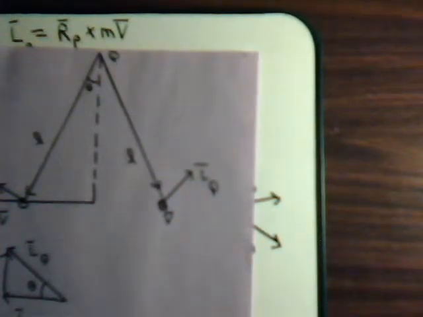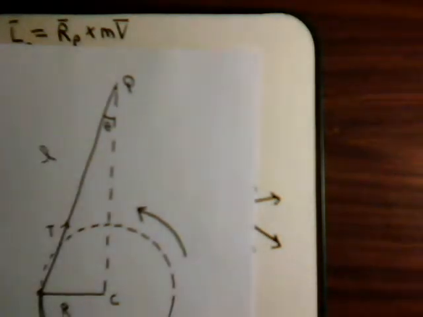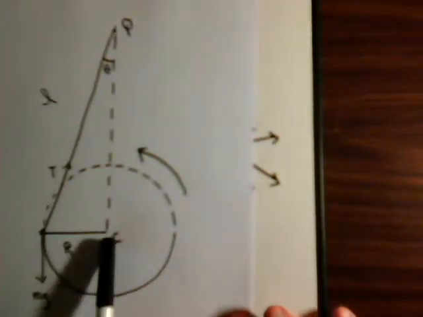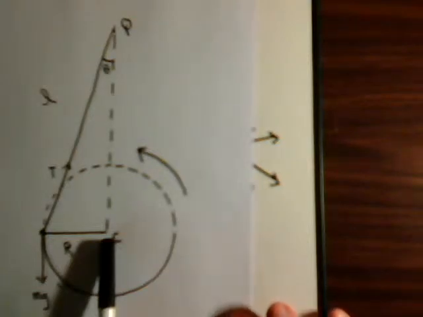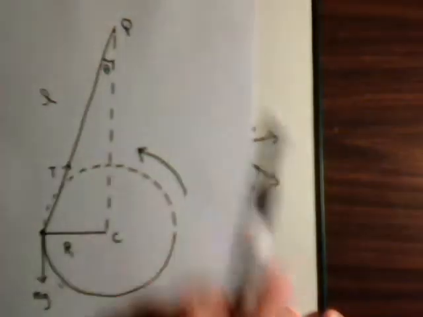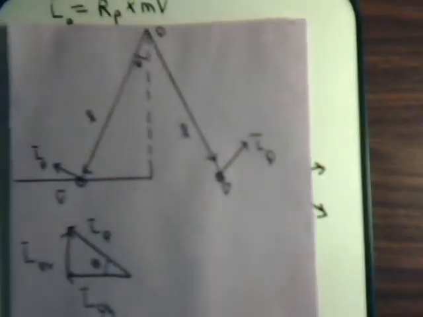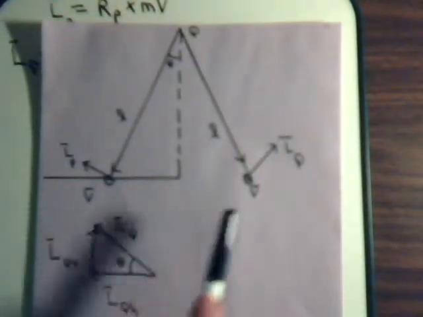Now remember in the previous video, when we were taking the angular momentum with respect to point C, that angular momentum vector had constant direction. It was always pointing up. Now when we take the angular momentum with respect to point Q, we see that the angular momentum vector is changing in direction as we go about the circle.